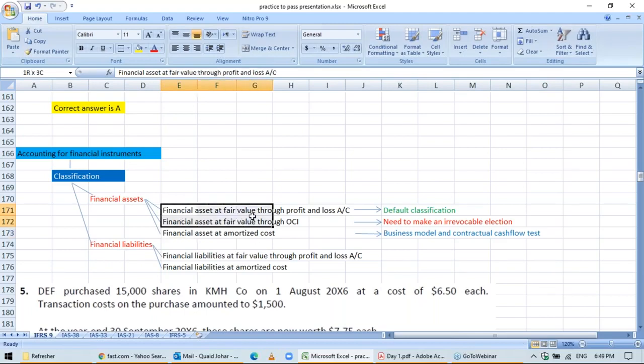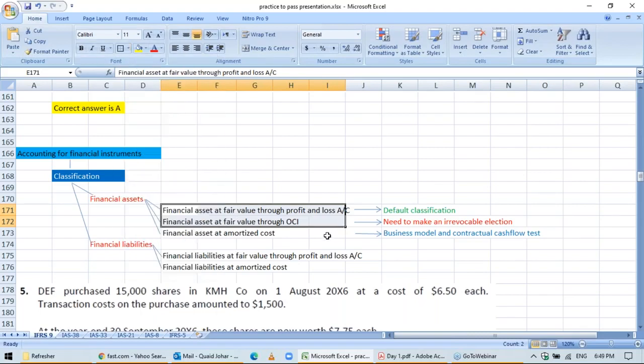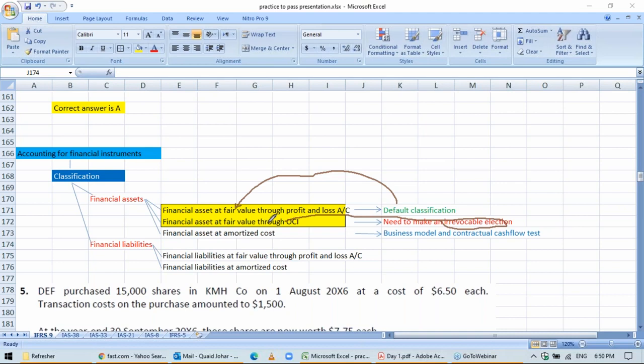It will always fall under either financial asset at fair value through profit and loss or financial asset at fair value through OCI. Now, in order to recognize the financial asset at fair value through OCI, you need to make an irrevocable election. Otherwise, you cannot record, right? And if you do not make an irrevocable election, then the default classification is financial asset at fair value through profit and loss account. Okay, so that's the answer to this question.